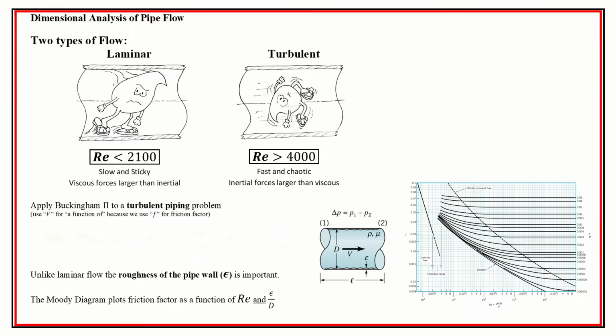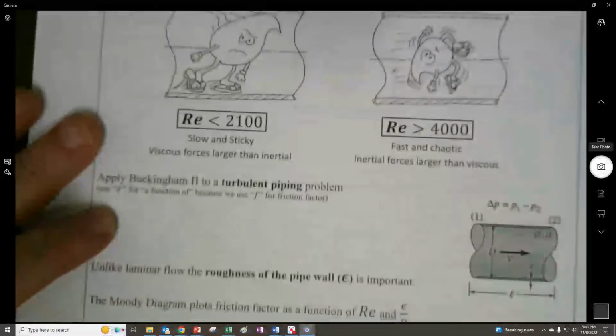And so one method of trying to work through this problem, and I've already kind of introduced it, so I think I'm being redundant here in my videos, I could be more efficient, is to apply Buckingham Pi and find how the major players are related to each other.